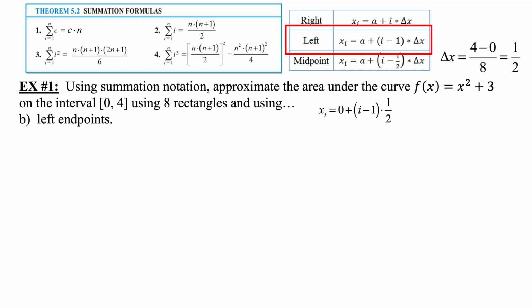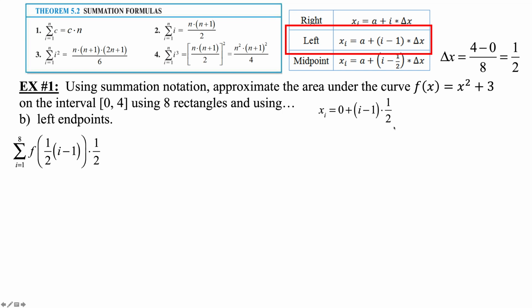And this will give me the values that I want to use in my function for left endpoints. So that means my summation of 1 to 8 of f of 1/2 times i minus 1 times a half.